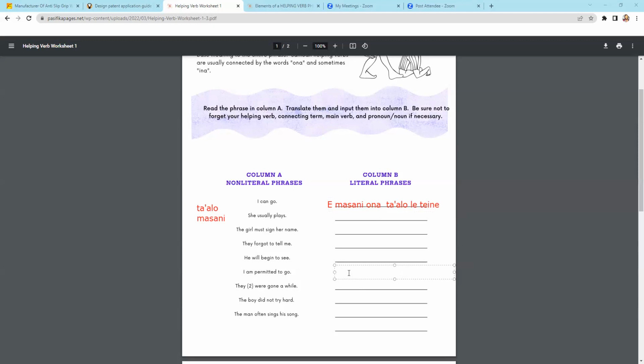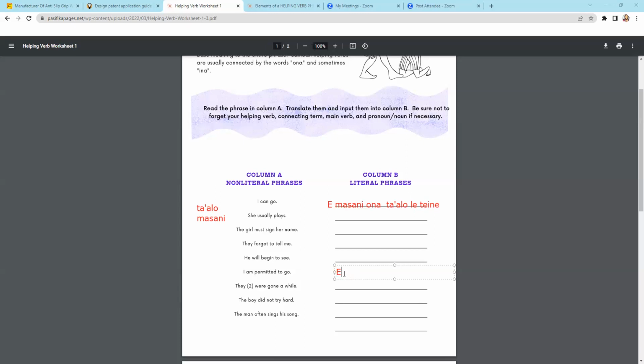I guess it would be like most of these. So it's just I'm permitted to go. This is what I can do. I'm not speaking in past tense. I'm not saying I will be permitted to go. I'm saying the state of what I can do at any time. So that's our tense.